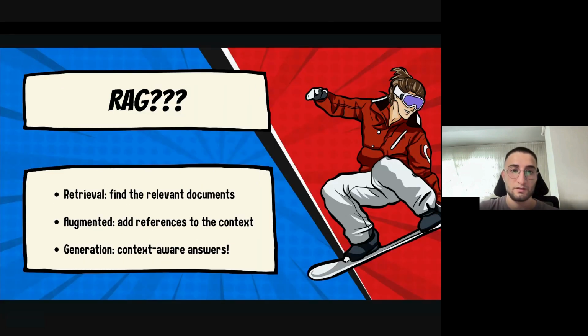Don't worry. So first of all, what does RAG stand for? Retrieval is finding the relevant documents for your question. When you ask something to the system, you are getting the relevant documents out of a vector database. This is useful because you are adding these references to the context of the LLM call. Then the LLM will generate answers in a way that is aware of your context.